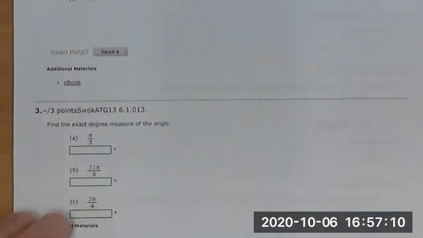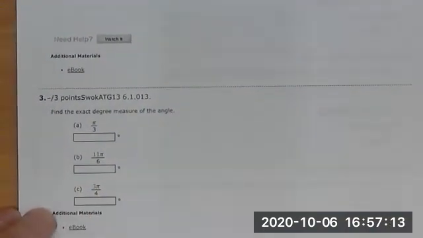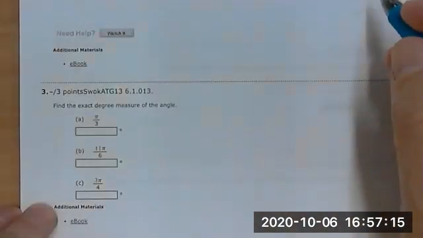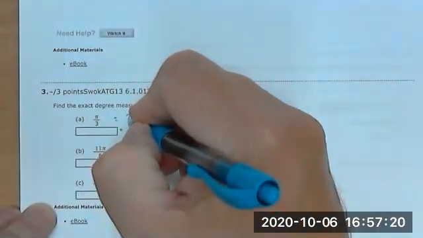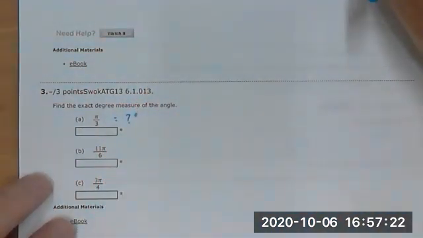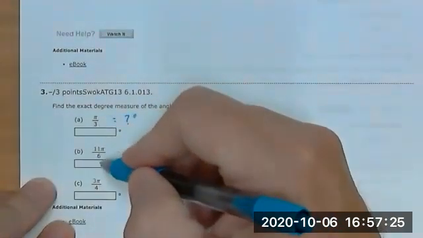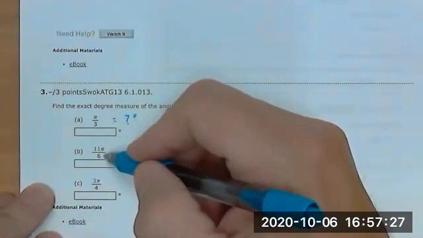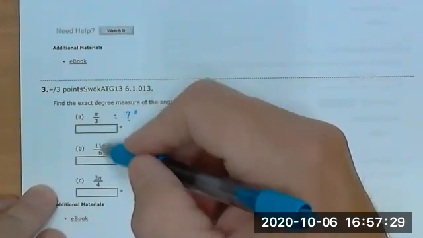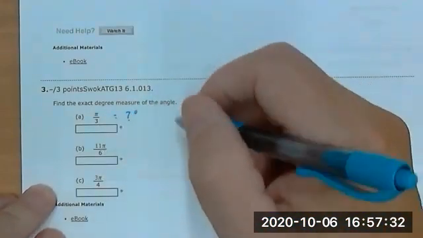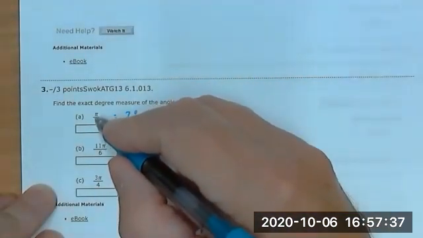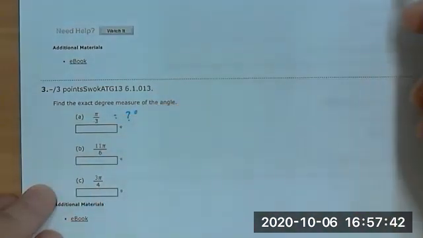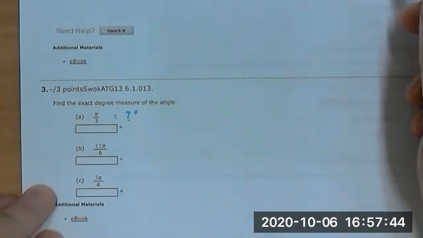Now, problem 3, they flip it around, where they give you an angle in radians, and they want to know what this is in degrees. Actually, I don't like these problems because all 3 of these angles are special angles. So these are actually all in the unit circle. I automatically know right now what the answer is for these three, because they're part of the unit circle.